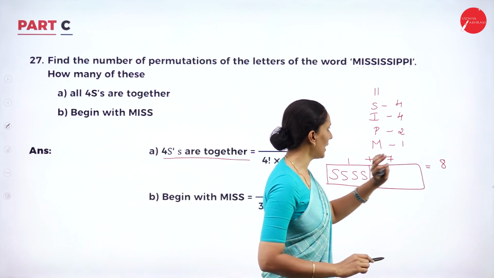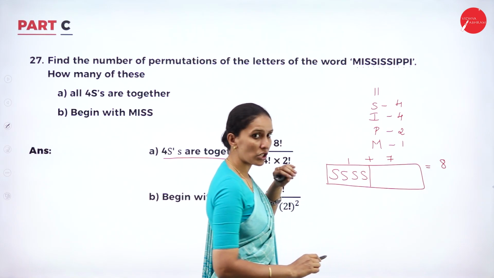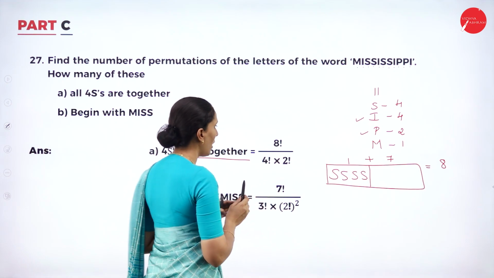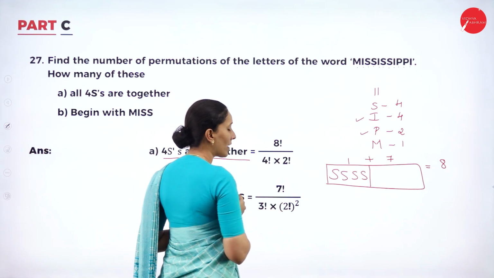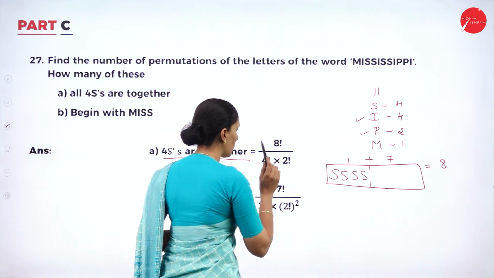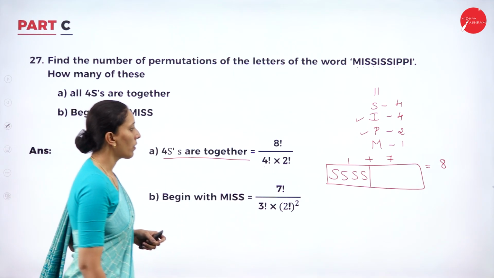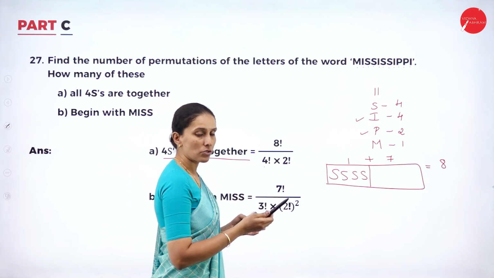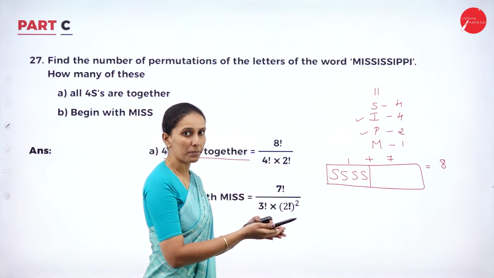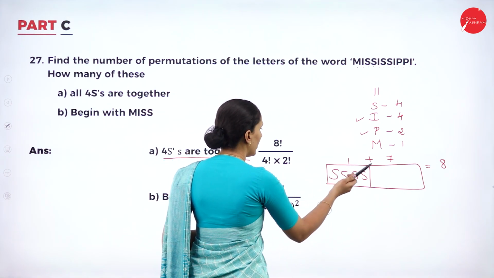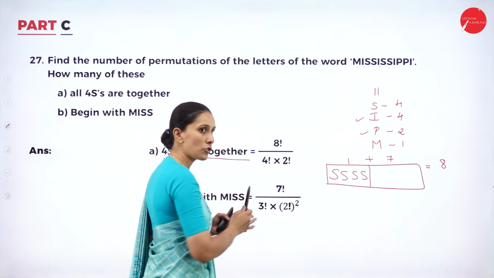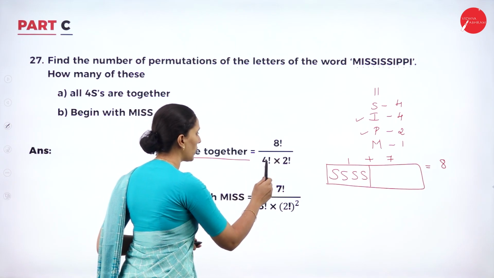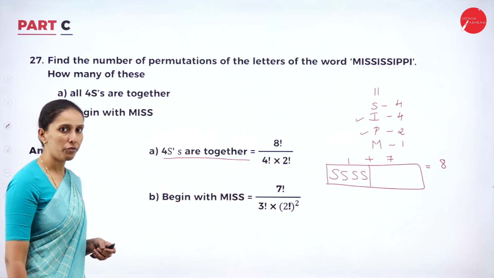But among the 8 units, we have letters which are repeated, that is I and P, so we need to divide the total factorial by 4 factorial into 2 factorial. Now this unit has all S's, which means they are the same letters, so if you rearrange them it gives the same permutation. So there is nothing more to divide. Therefore, the resultant answer will be 8 factorial by 4 factorial into 2 factorial.